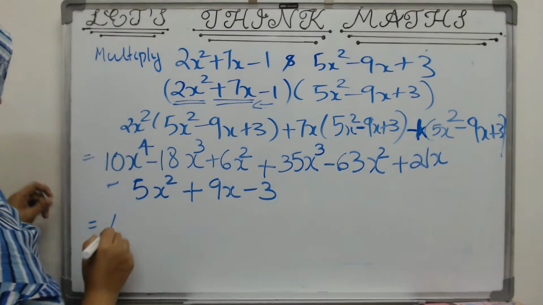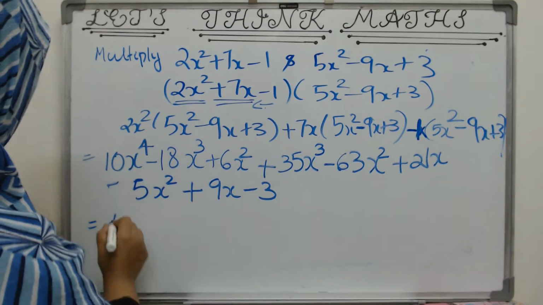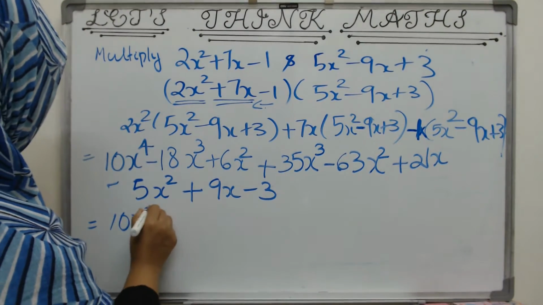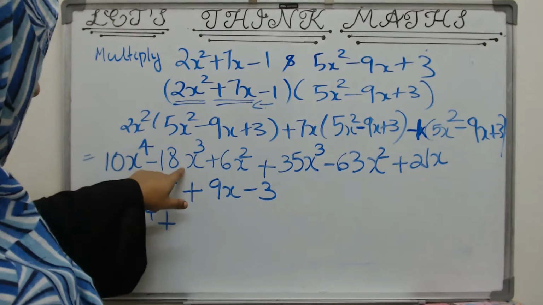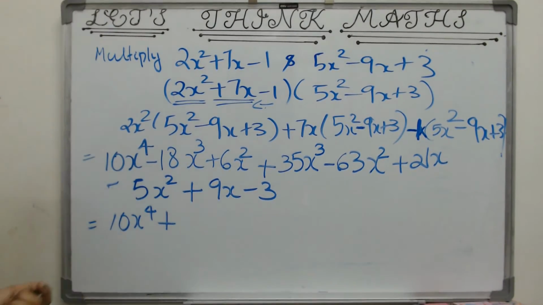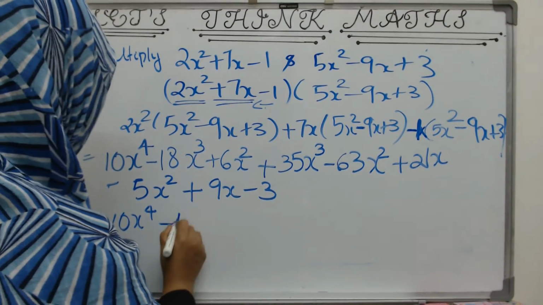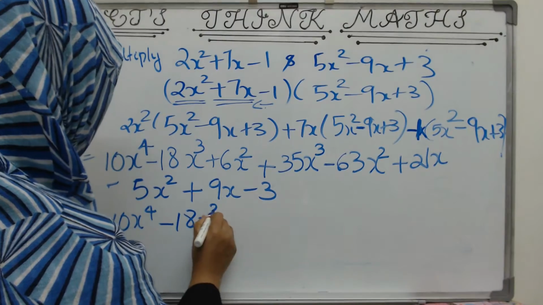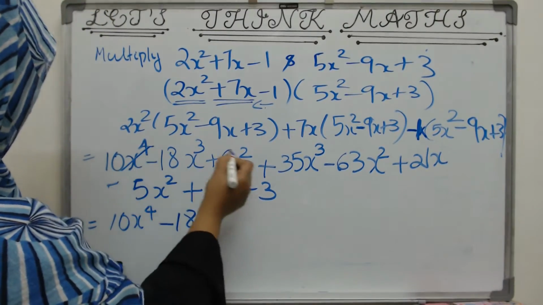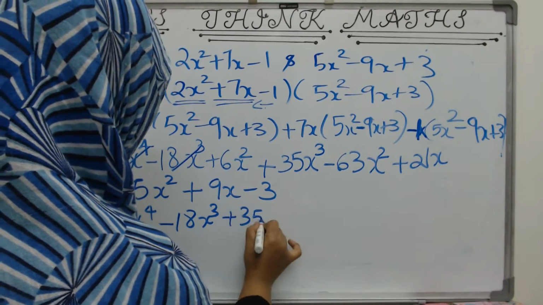Now, what all has the factor x raised to 4? Just 1. Then, what all has x cube? I have a minus 18 here. It's minus 18. So I have minus 18x cube, and I'll cut what all I have written down. I have written down this, and that would be plus 35x cube.